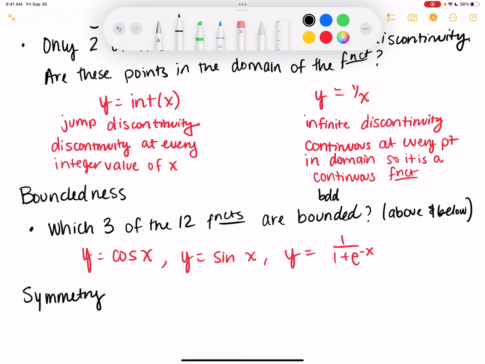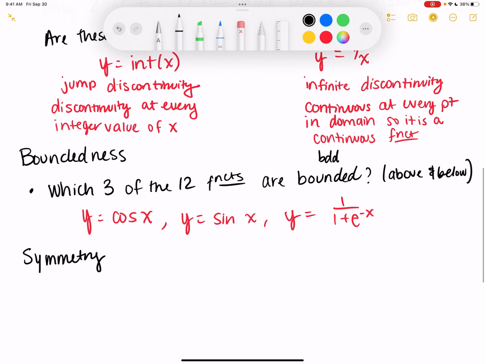Yeah. All right, symmetry. Which 3 functions of the 12 are even?